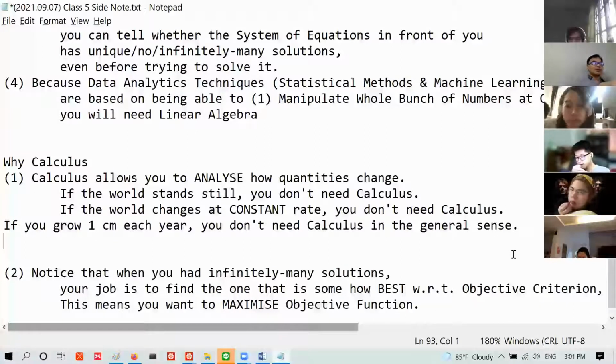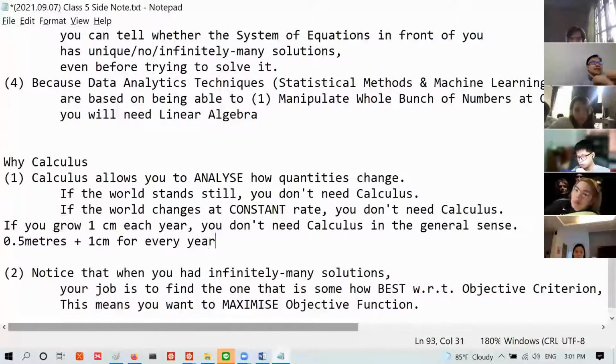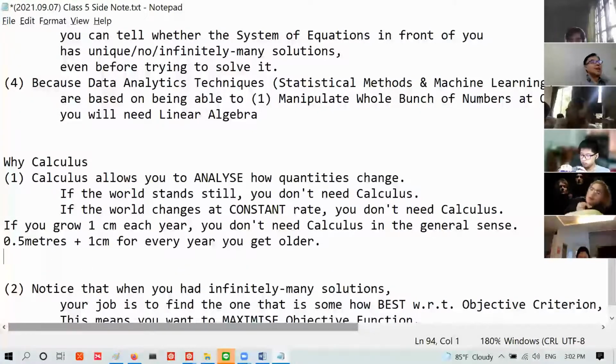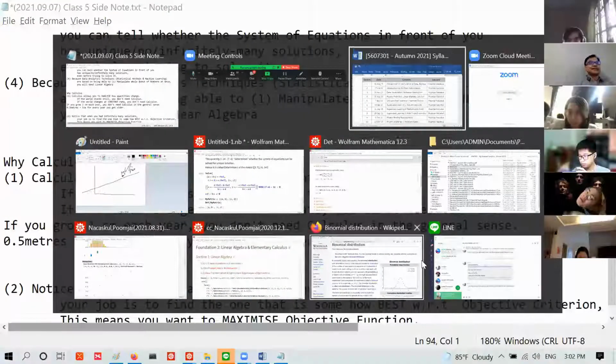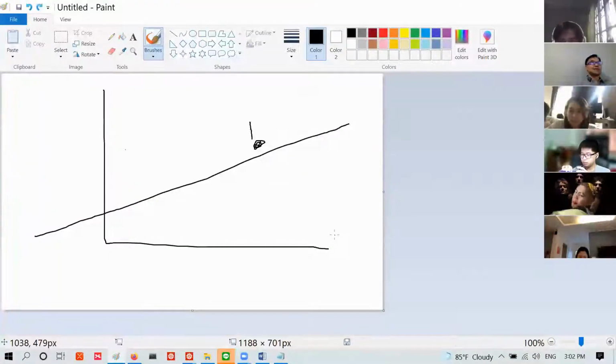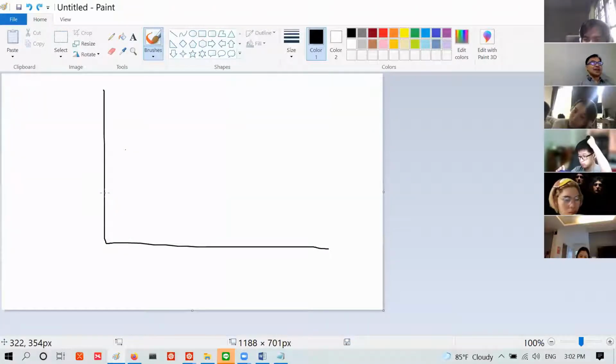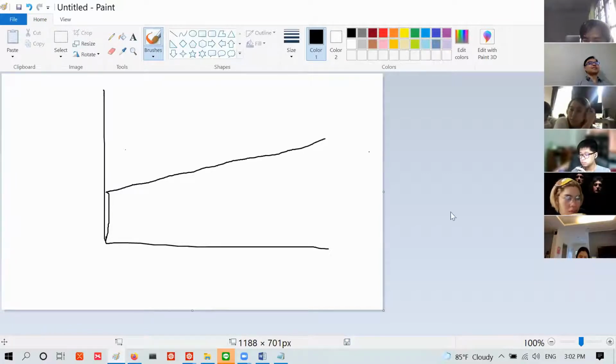Because when you are born, you have 0 length, or you start with 0.5 meters, and then plus 1 centimeter for every year you get older. So there's no point in studying anything in between. You can just draw a line. You start with this height, and every year you grow a little bit taller. You never stop, so it becomes a straight line.